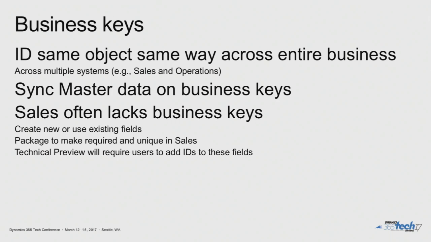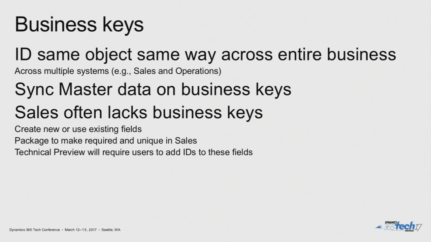If I identify a customer one way in operations, I identify the customer the same way in sales. A business key is a key that spans multiple systems. And in order to do that, we need to settle on what it means to have a business key in a particular case.